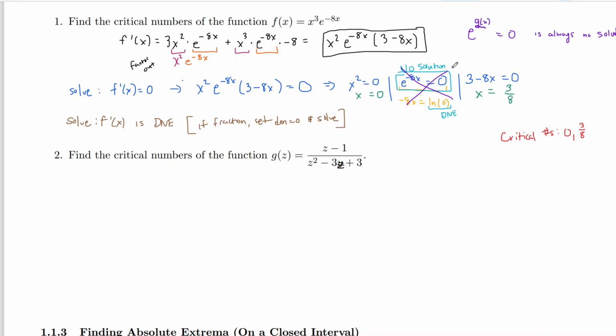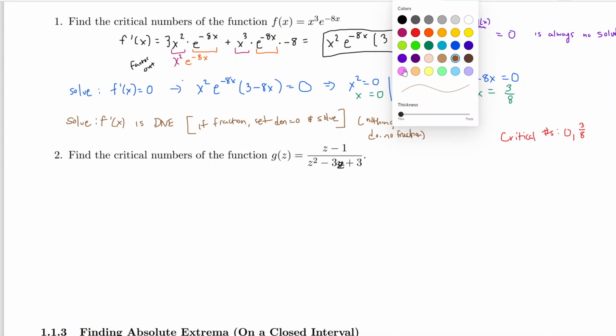So that's why that really doesn't matter. But the main point here is that we have no negative exponents. That means there's no hidden fractions in our derivative, and therefore there's nothing to solve here. There's no fraction, so there's nothing to add in there for where f prime of x is undefined.